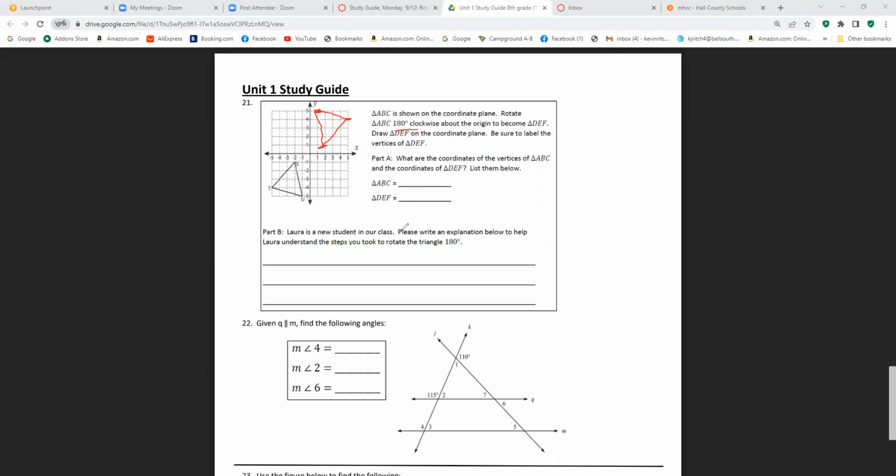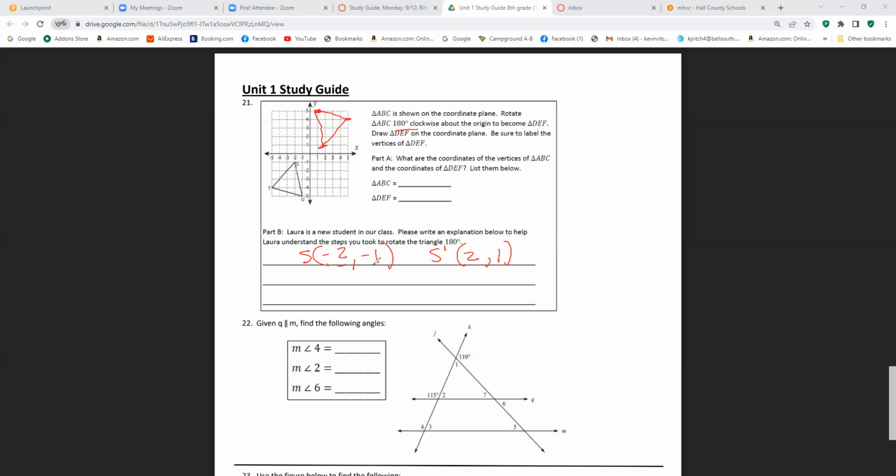Laura is a new student in her class. Please write an explanation below to help Laura understand the steps you took. So I would say each number stays in the same position, but the signs change. That's what I would write right here. For example, if S is at -2, -1, S prime is at +2, +1.